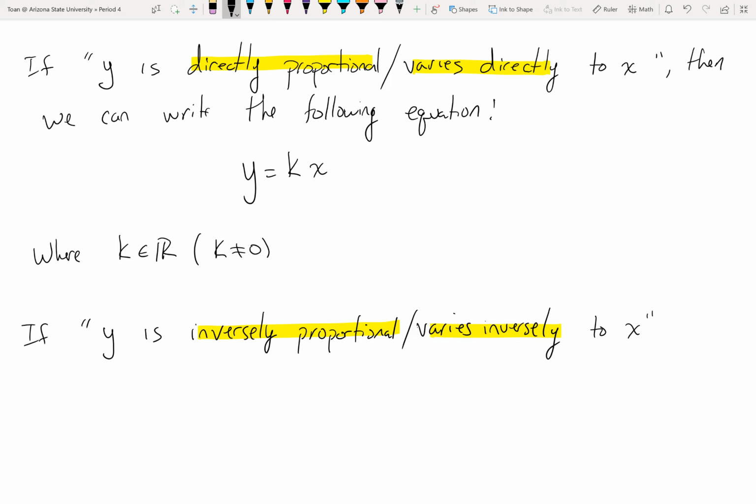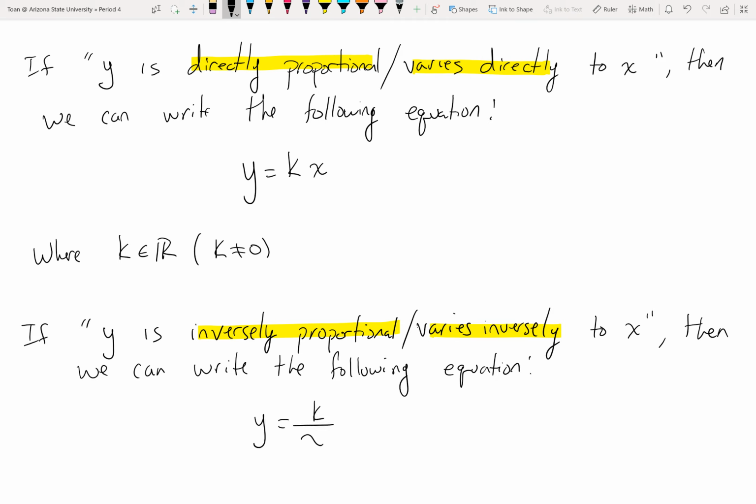Then we can write the following equation. Y equals k over x.